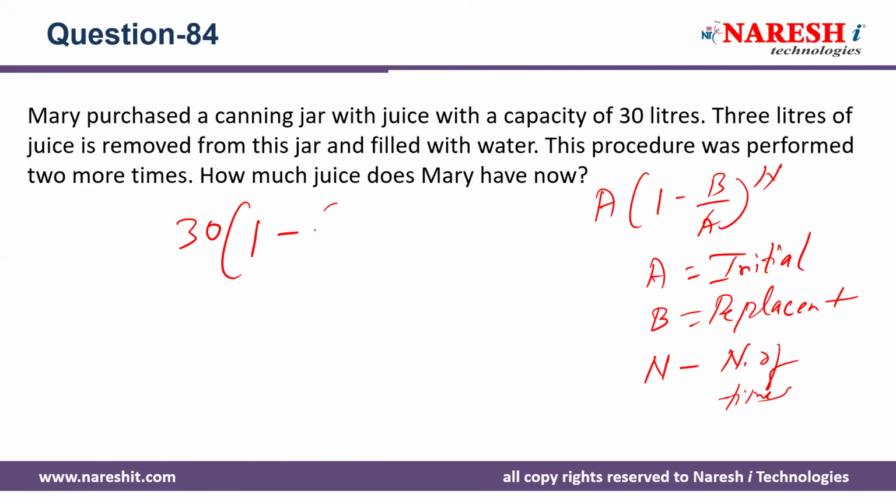Initially 30-liter capacity. How much removed? 3 removed out of 30. How many times have you done it? First time they removed 3 liters and added water, and again performed 2 more times. 2 more times is a total of 3 times.